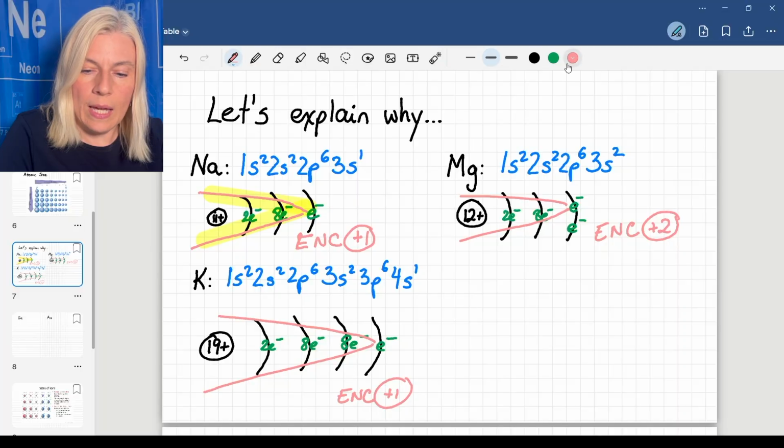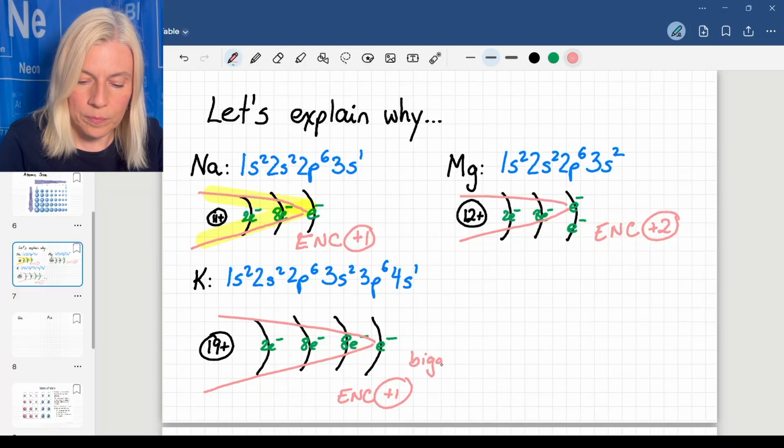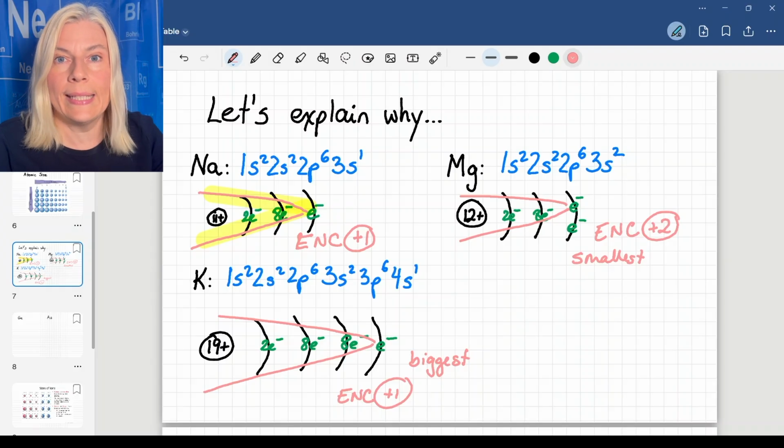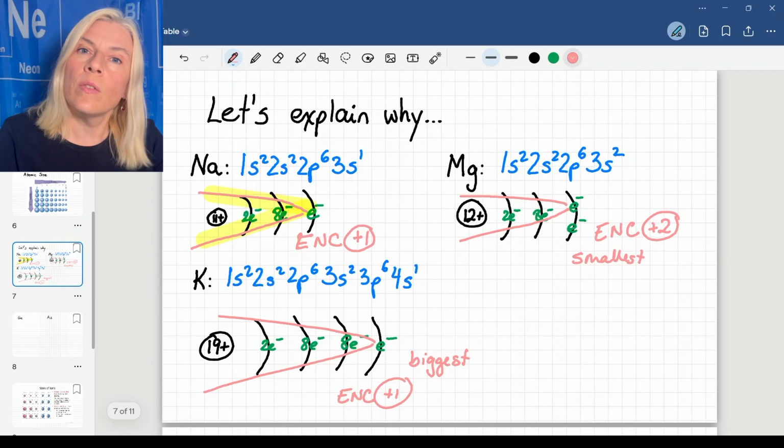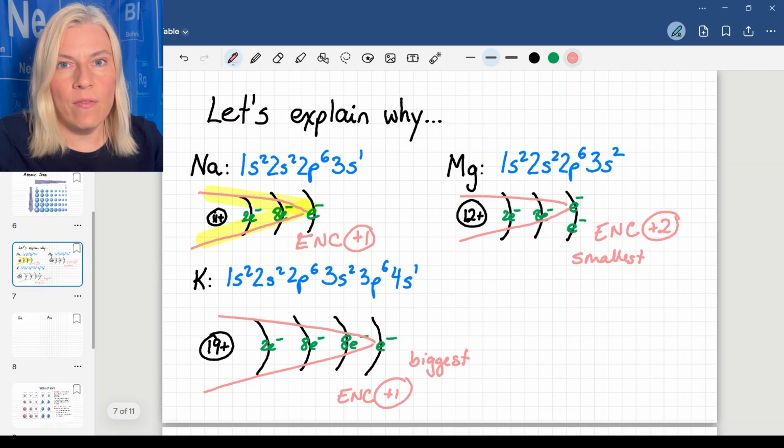So we can say, aha, this one actually is the biggest atom, with the most energy layers, and then this one right here is the smallest, because it has 3 energy layers and highest ENC. So now all the trends can be explained by drawing this picture and talking about energy layers and ENC.